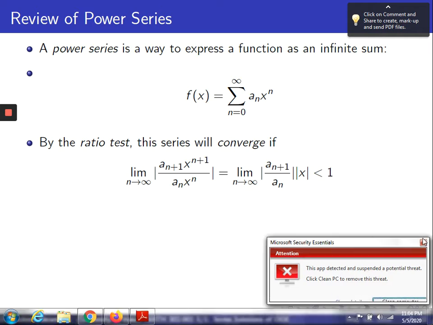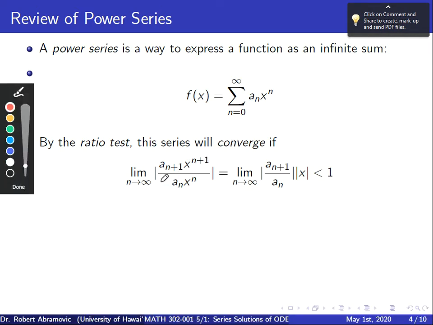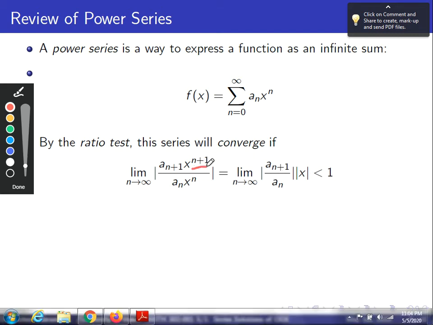Now, by the ratio test, this series is going to converge only if the limit as n goes to positive infinity of the absolute value of a_(n+1) x^(n+1) over a_n x^n is less than 1. Now, x^(n+1) over x^n just becomes x, since n plus 1 minus n is equal to 1.